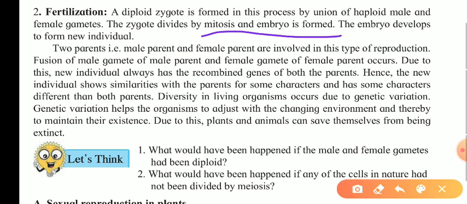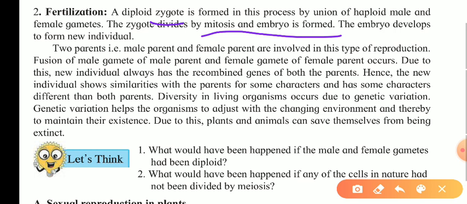After that multiple mitosis, whatever is forming is called the embryo. The embryo develops to form a new individual. So these are the two important processes in sexual reproduction: the formation of the gametes, and then the fertilization process. And remember the important name, that is zygote.